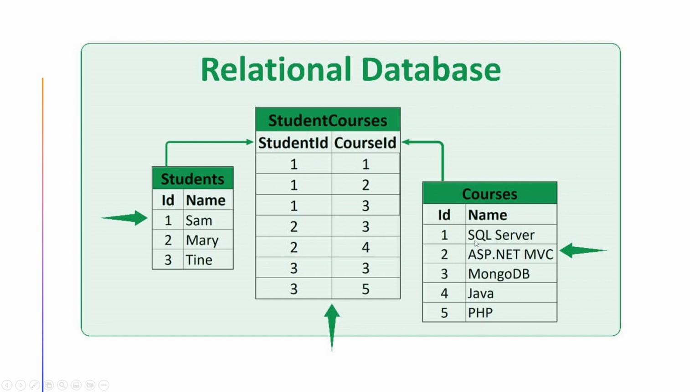One is on SQL Server. The second one is on ASP.NET MVC. The third one is on MongoDB. If I go to the second one, which is Mary, she has taken 2 courses, which are MongoDB and Java. Tyne has taken MongoDB and PHP. So this is how the data points are related in the same database, and it will help us to retrieve the required information about the students and the courses.